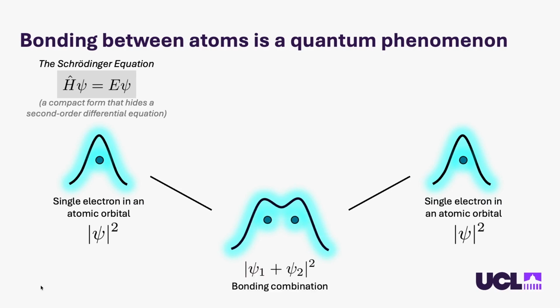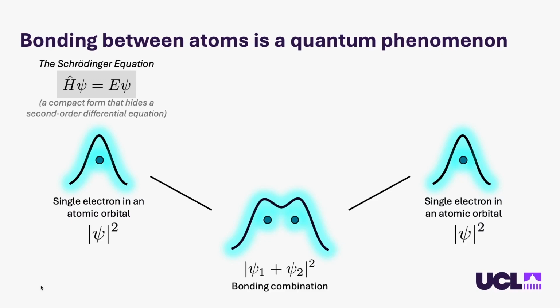And there's another complication: no one actually knows what the wave function is. This wave function psi, we don't know what it is, and it's complex valued in general. So in order to turn it into the probability that I mentioned, we have to take the modulus squared of the wave function. So this is the modulus squared of the addition of the wave function on the two atoms, and we get this overall wave function now.